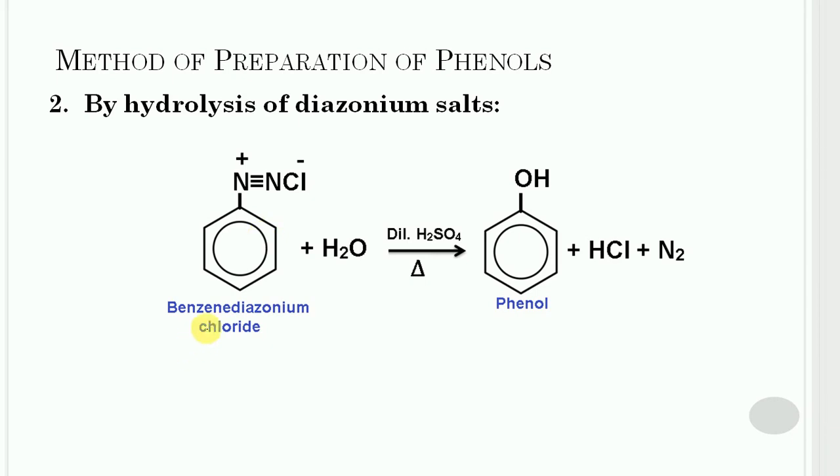So this one is benzene diazonium chloride. In the presence of dilute sulfuric acid, it can get converted into phenol with the formation of hydrochloric acid and nitrogen. So it is the hydrolysis of the diazonium salt.